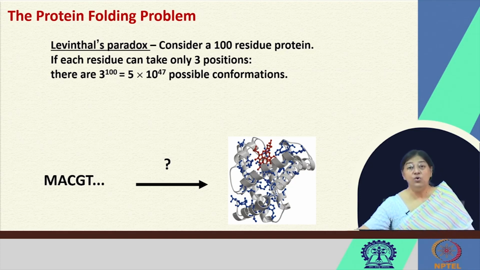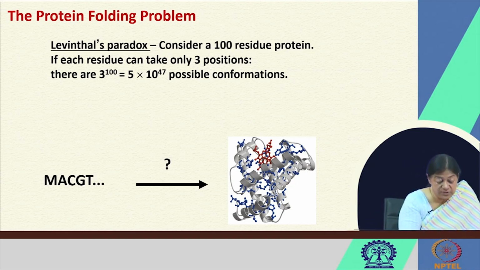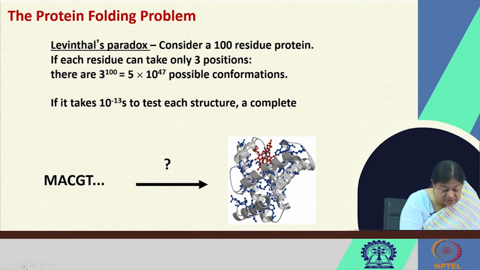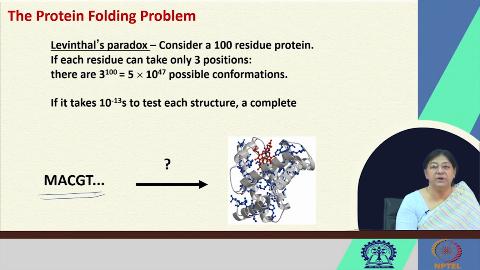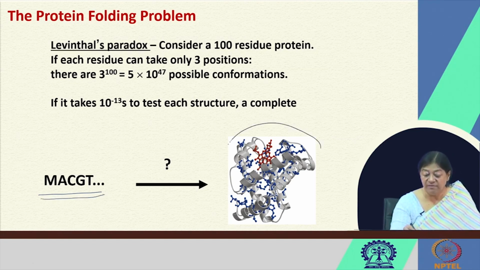Now, when we look at our specific native folded structure, we see that we have the primary sequence and we have the folded structure.